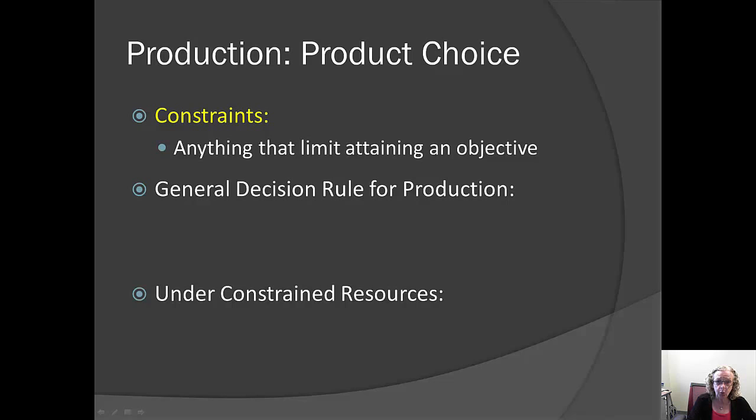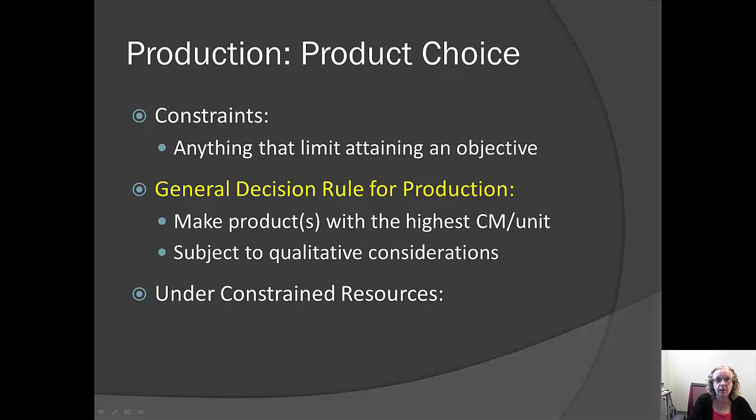The general rule for production is that we prefer to make and sell products with higher contribution margins compared to products with lower contribution margins. We like to sell things that are more profitable for us, given any qualitative considerations.